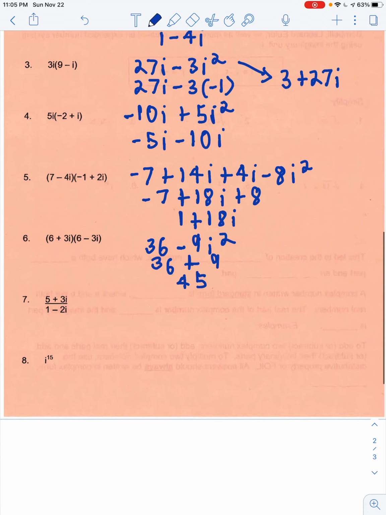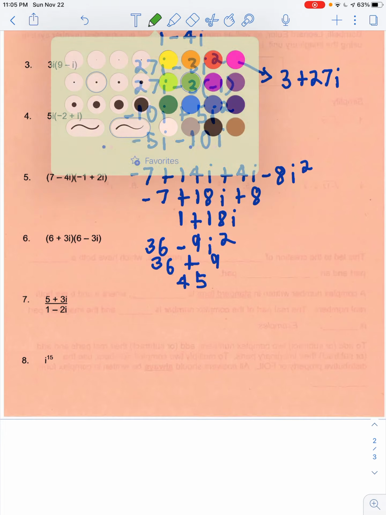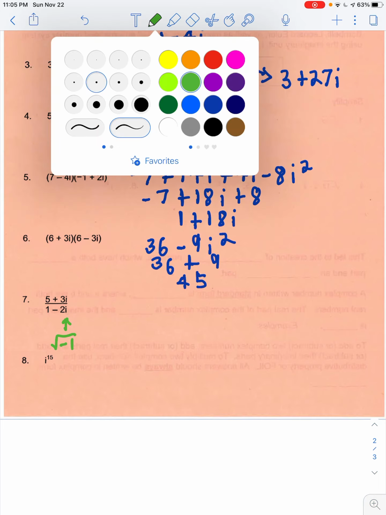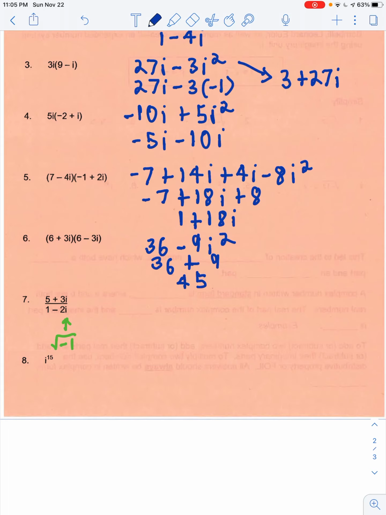How about when we divide two complex numbers? So the first thing you have to understand here is that the i in the denominator is really the square root of negative 1. The reason that's important is because that means we have a radical in the denominator of a fraction.